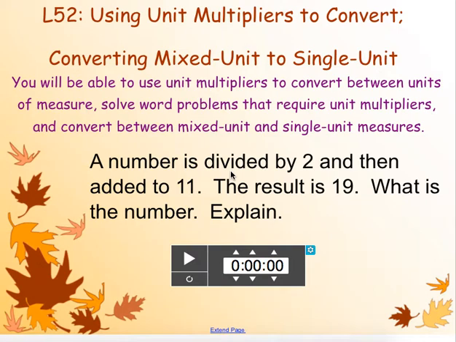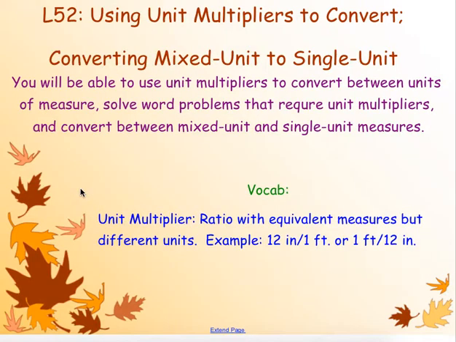Course 3, Lesson 52, we are using unit multipliers to convert, especially from mixed unit to single unit answers. Our vocab word here is unit multiplier, and this is a ratio that has equivalent measures but different units. Examples are 12 inches to 1 foot, 3 feet to 1 yard, 5,280 feet to 1 mile, 4 quarts to a gallon.